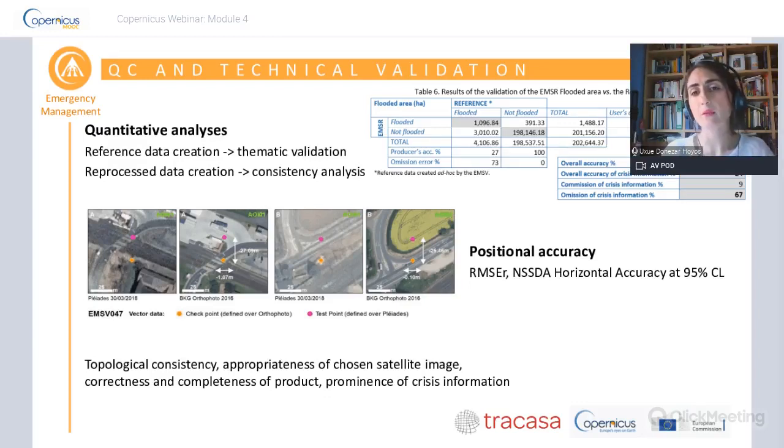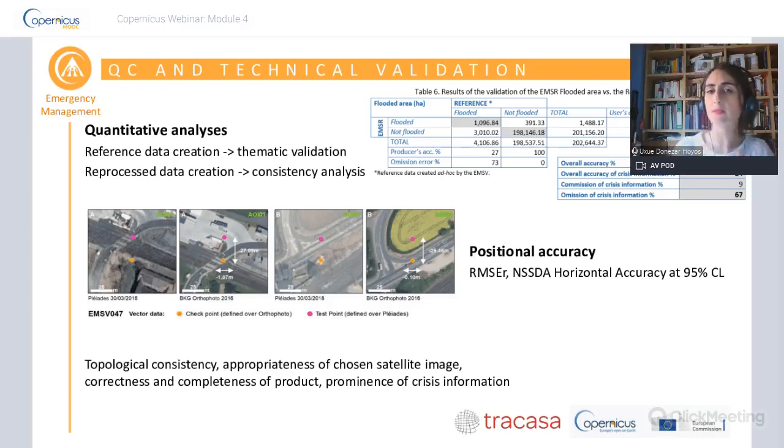We create reference data whenever the available satellite imagery is of better quality or better spatial resolution, or was maybe acquired at a more important moment of the event.